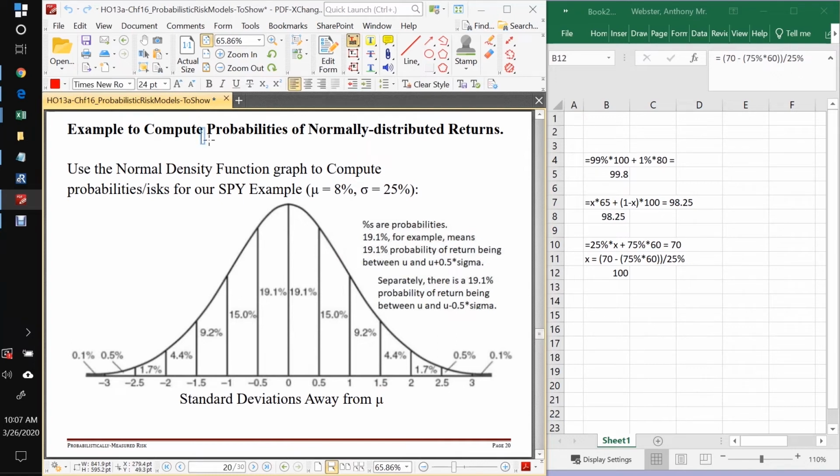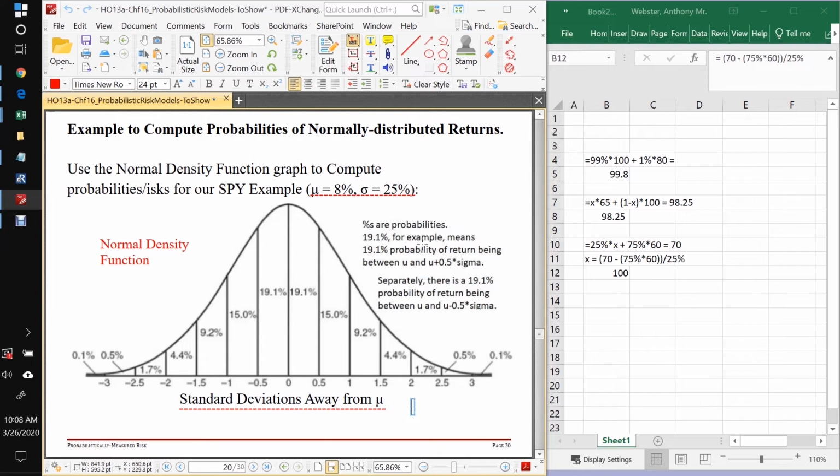We're going to want to compute probabilities of our normally distributed returns, so let's see how this works for our SPY example. With our SPY example, we have an expected value of 8% and a standard deviation of 25%, and this is the normal density function graph. What I've got on the x-axis is measured in standard deviations away from our expected value mu, and the percents here are probabilities.